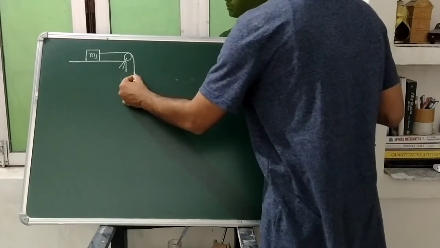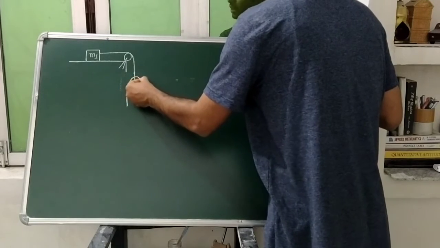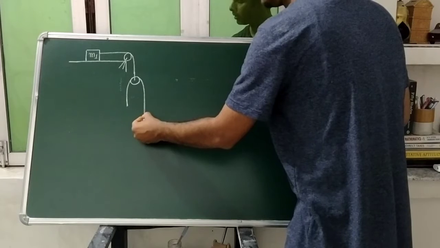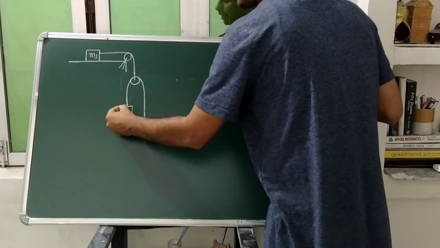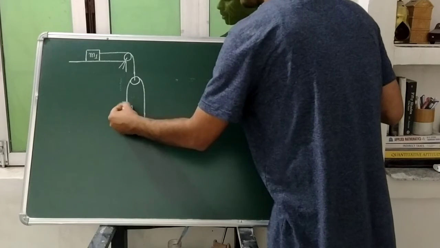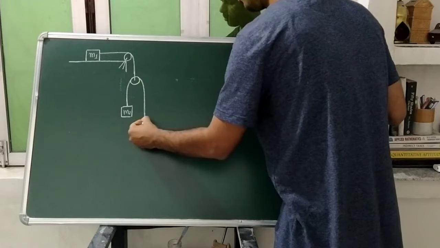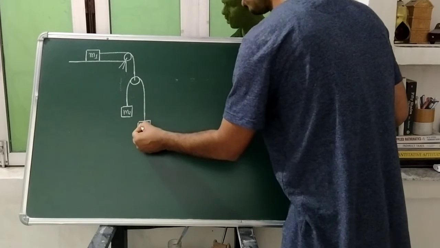On this moving pulley there was one other string whose ends were connected with the block of mass m2 and the block of mass m3. So we had solved this problem.